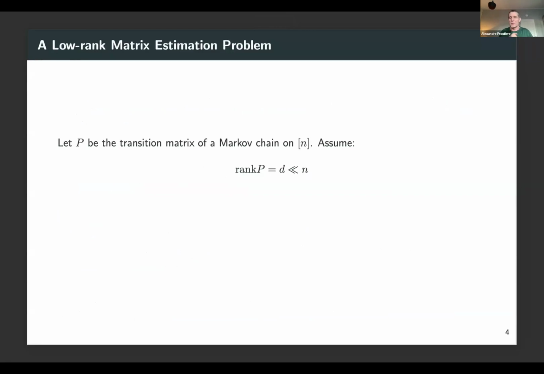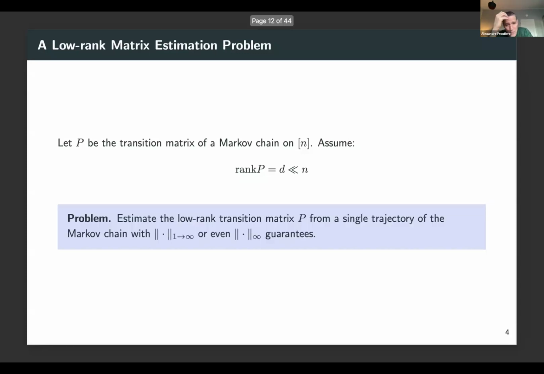Here I will focus on a single Markov chain, and my goal is to estimate the transition probabilities, assuming that this matrix is of low rank or approximately low rank. So n is the size of the matrix, n is equal to S here, the number of states. And we want a matrix of rank d, much smaller than n.